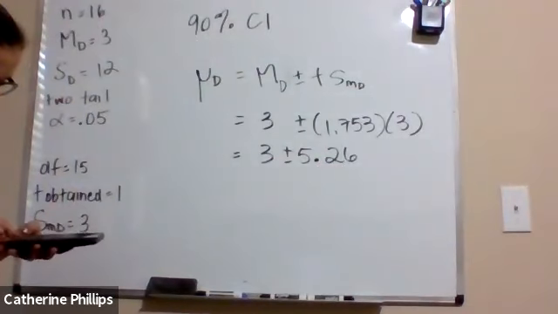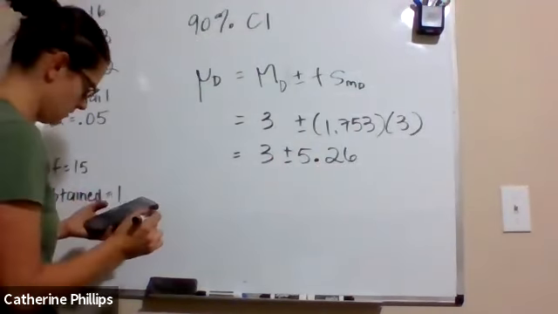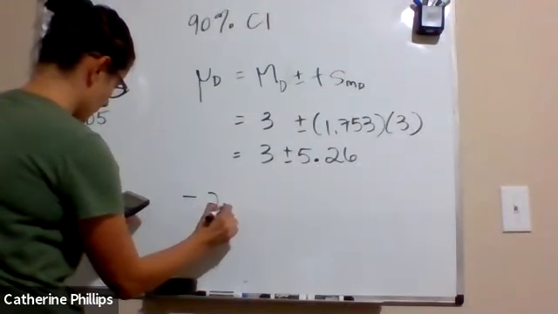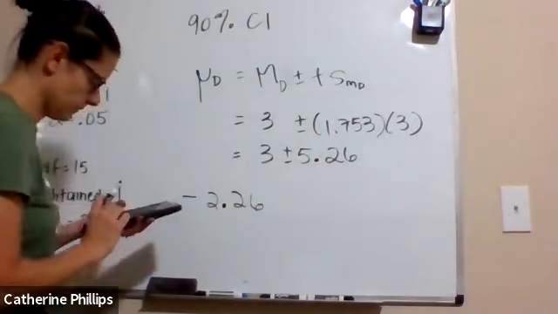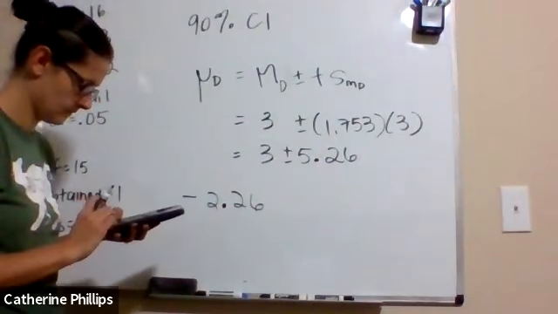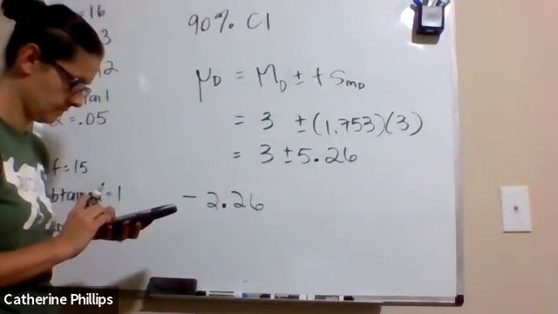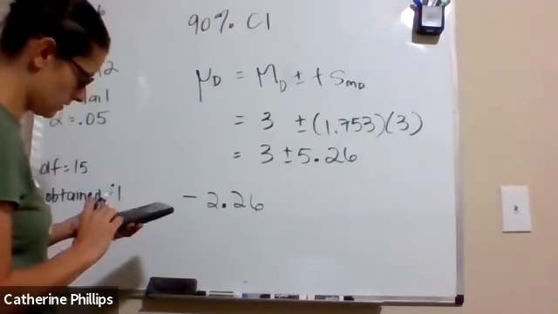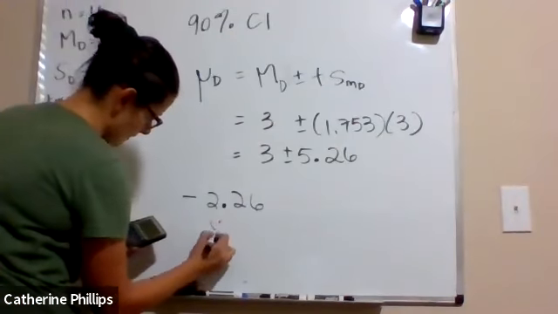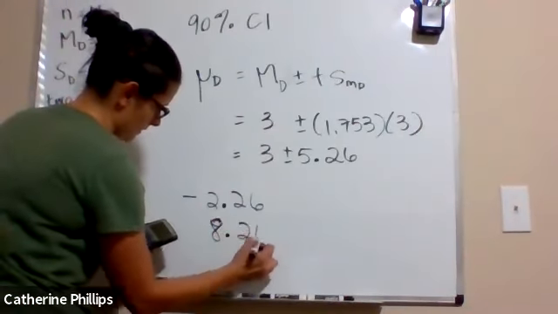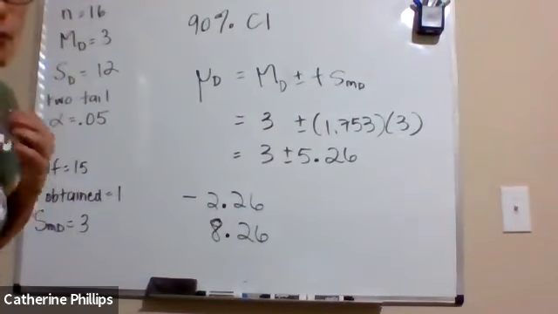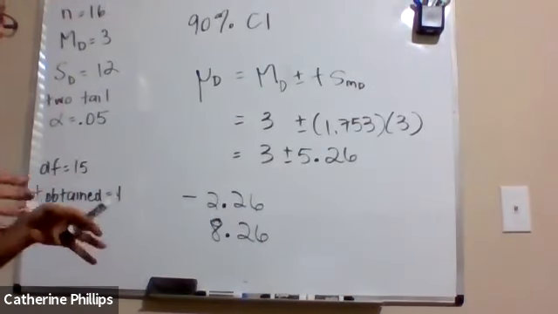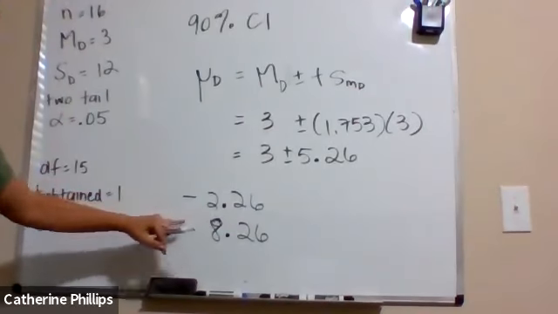So 3 subtract 5.26 is negative 2.26. And then 3 plus 5.26 is 8.26. So when we increase the standard deviation, our confidence interval width increased.